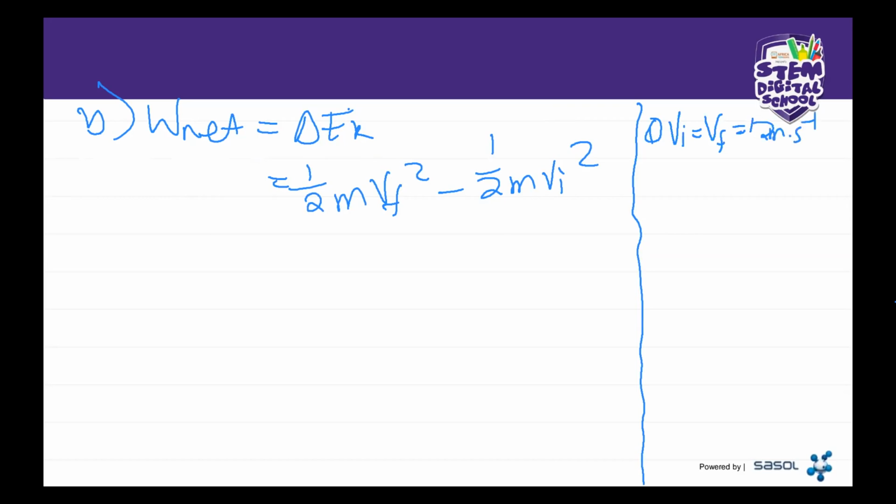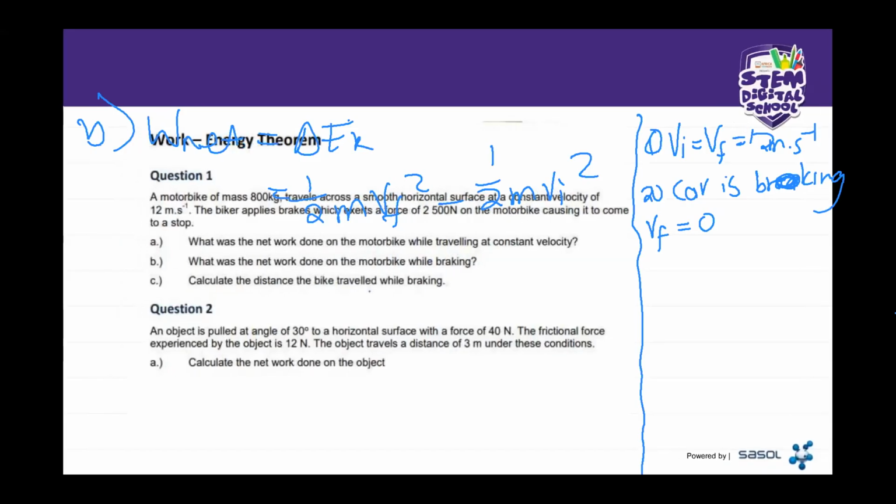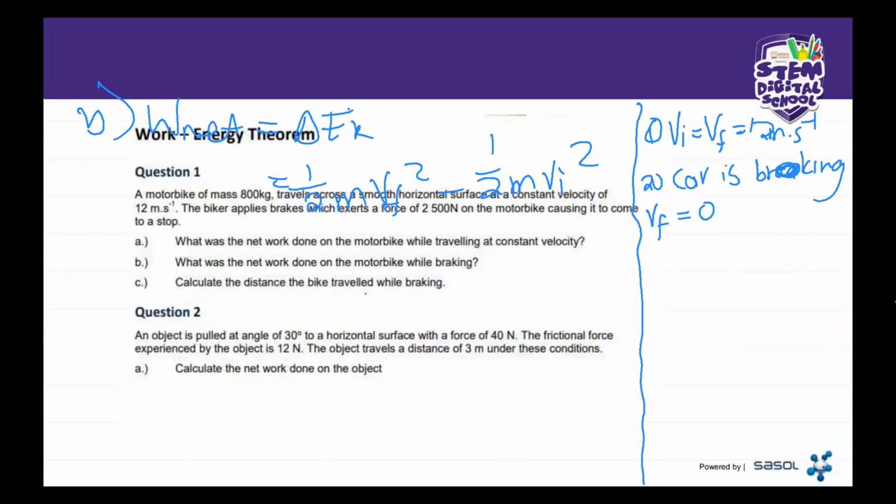So that gave us 12 meters per second. In this case now, they're telling us that the car is braking. When a car is braking, it means that it's slowing down. But what is the end point? It means that our final velocity will have to be 0, because at the end of the day, it has to stop, like they mentioned, causing it to come to a stop.